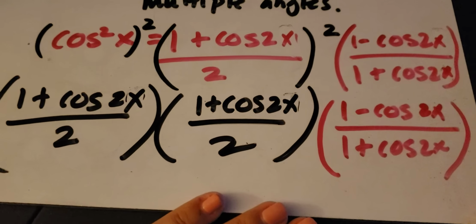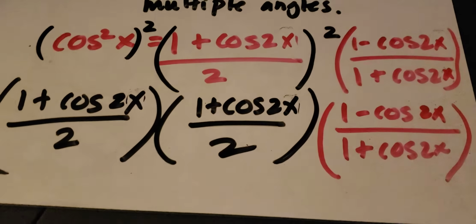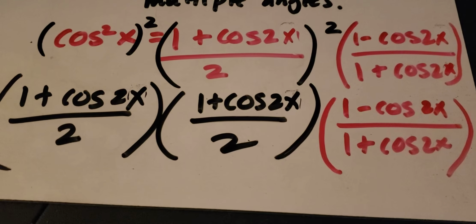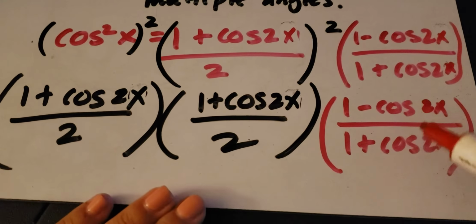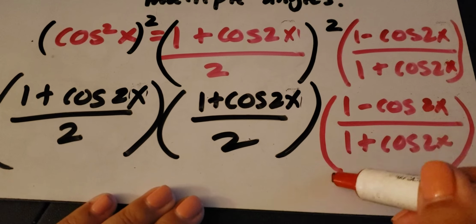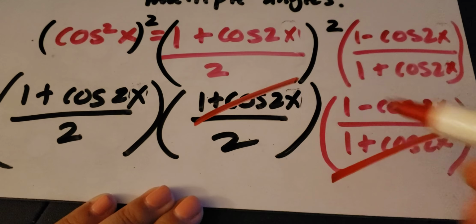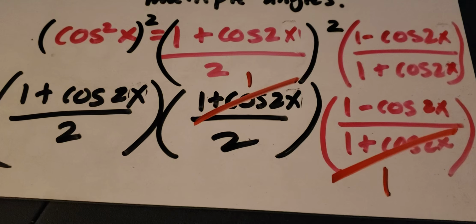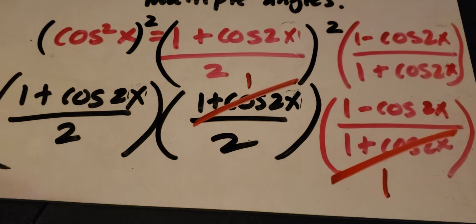Now, just by looking at this, these are all fractions. The one thing that should stand out is that you should be able to cross cancel the 1 plus cosine of 2x and this 1 plus cosine of 2x. So this is just 1 and this becomes 1. Now let me rewrite it, and let me use my other whiteboard just to show you guys.